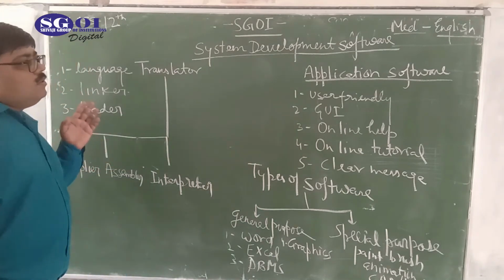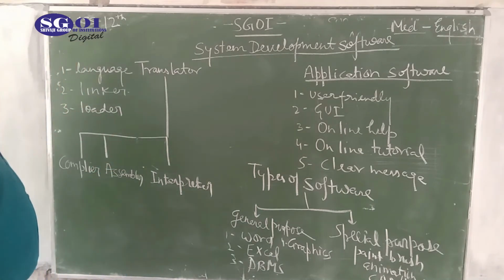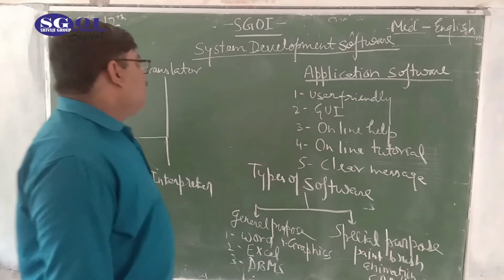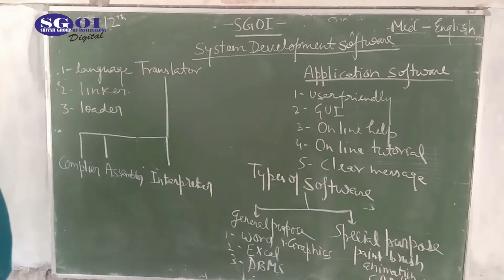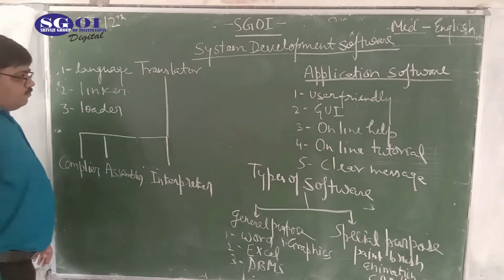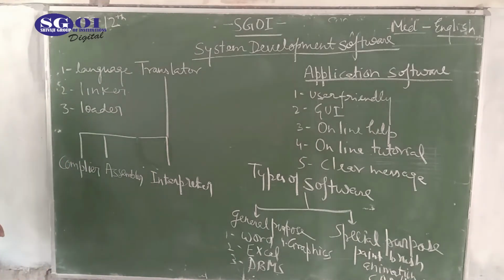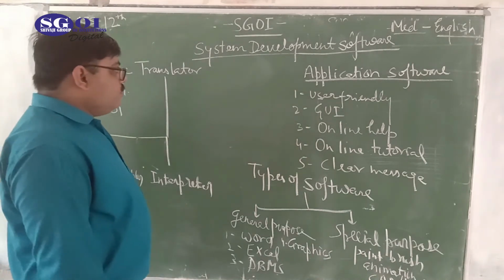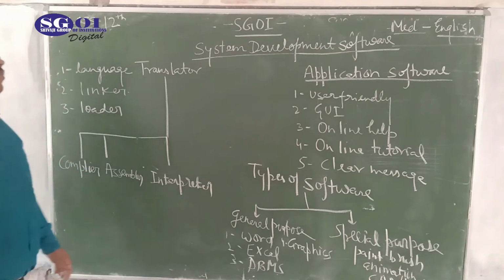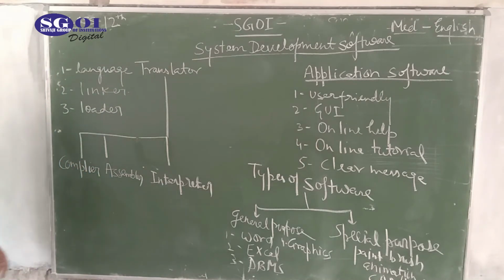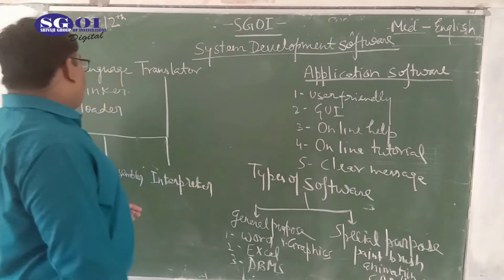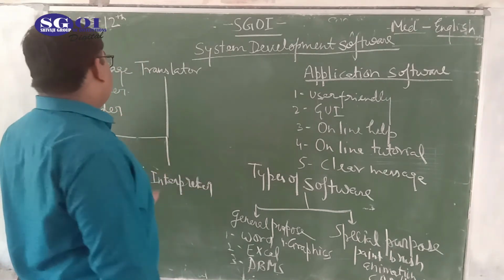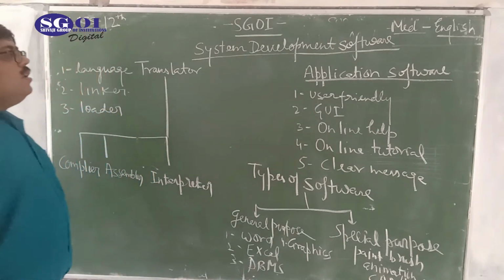So these things are very useful, and now you understand what software means, why software is so useful in our computer, and how without software a system cannot work in a proper way, what is the function of system software, what is the function of application software, and how system development software are helpful for making new softwares.